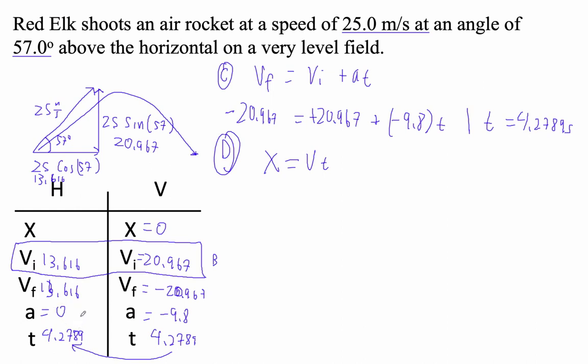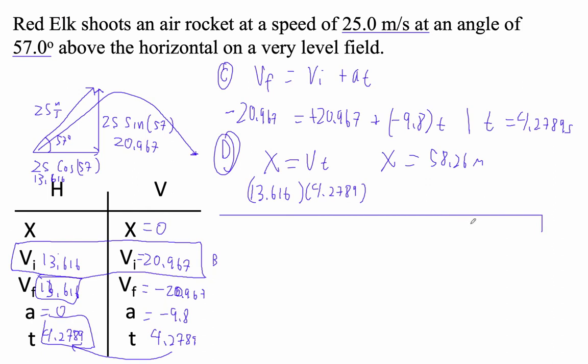So that guy times the 13.616, and I get 58.26 meters. I just multiplied the 13.616 by the 4.2789. This guy times this guy, they're the same, just velocity times time. So that's our answer to D.